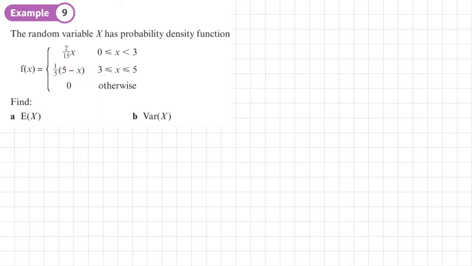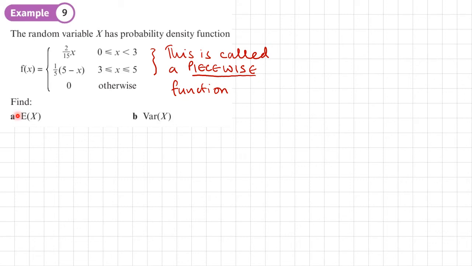When we get something like this, it's called a piecewise function. If we want to find E of x, the mean of a piecewise function, we need to find E of x of the first part and add it to E of x of the second part.